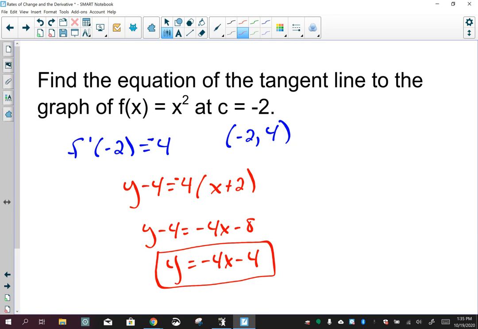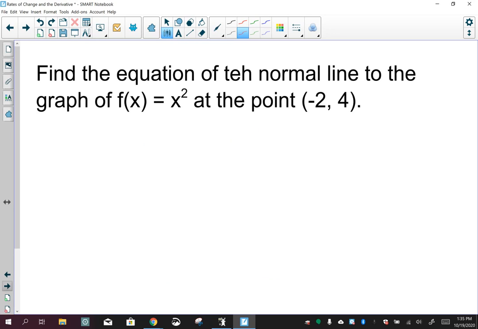Now, find the equation of, I got a typo, of the normal line to the graph at this point. We already know that our tangent slope, and I am just batting 1,000 today, aren't I? My tangent slope is negative 4.